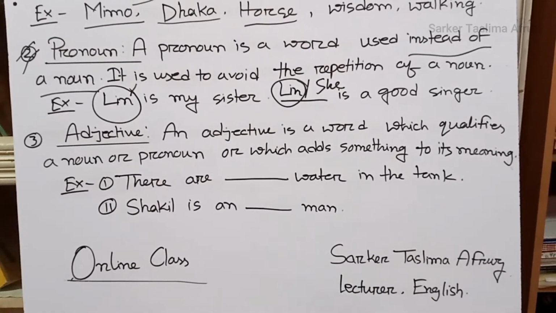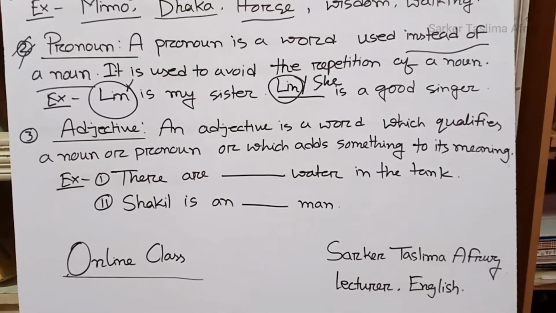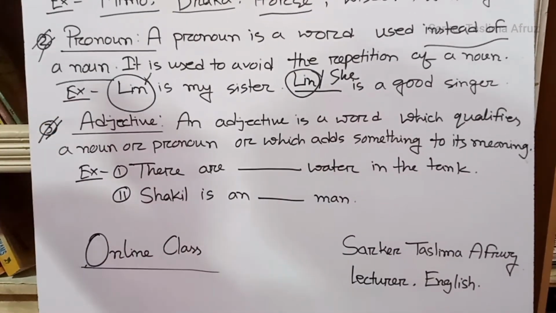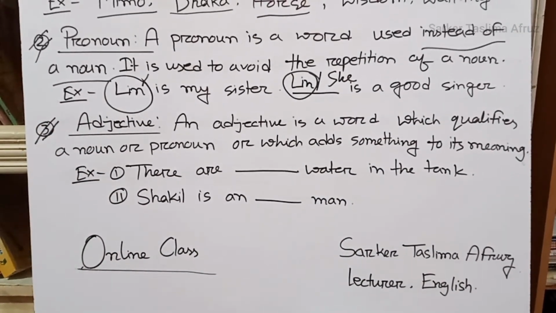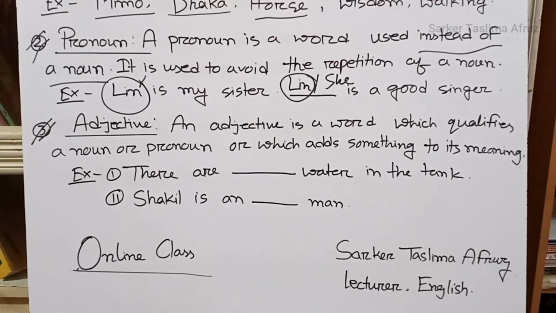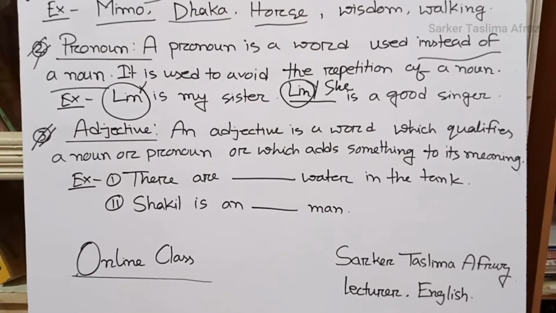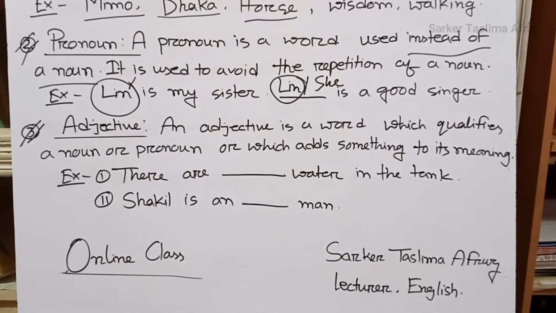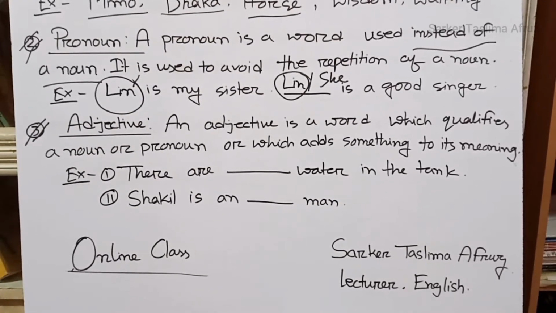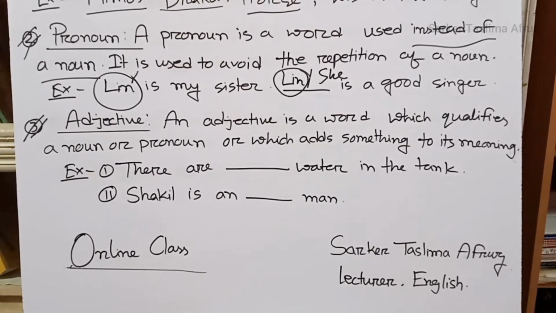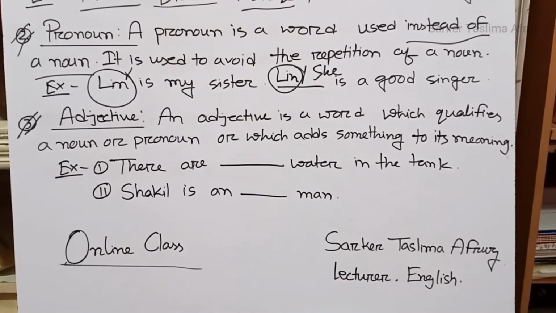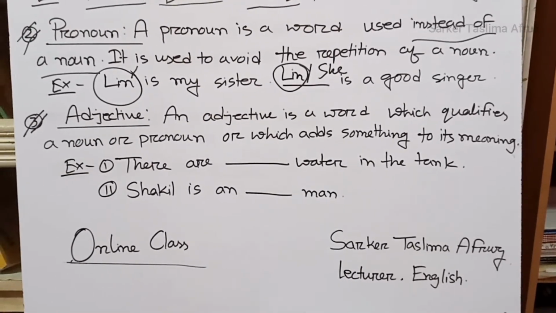Now another significant part of speech is adjective. Dear student, it's very important to know about adjective, because adjective is used in a sentence as a modifier. Well, dear student, all the parts of speech are interrelated, you know. And adjective plays a very prime role in grammar.